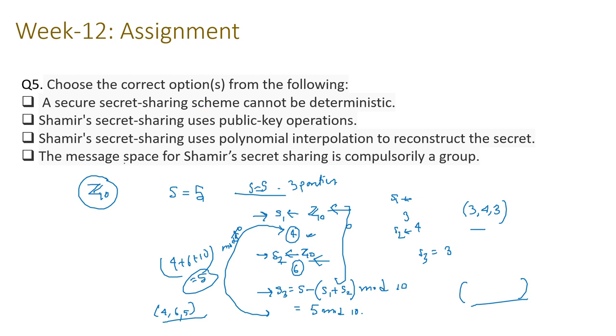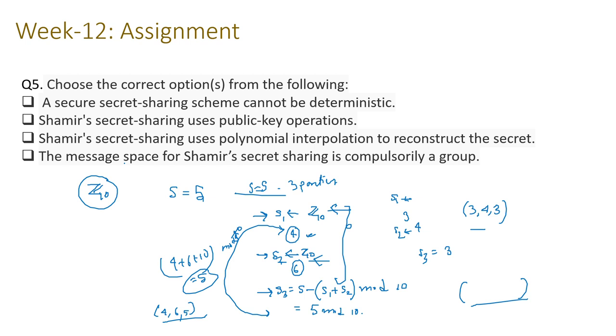Okay. Shamir secret sharing uses public key operations. There is no public key operation involved in the Shamir secret sharing scheme. By public key we mean, is there any kind of public key primitive involved? It's not the case.